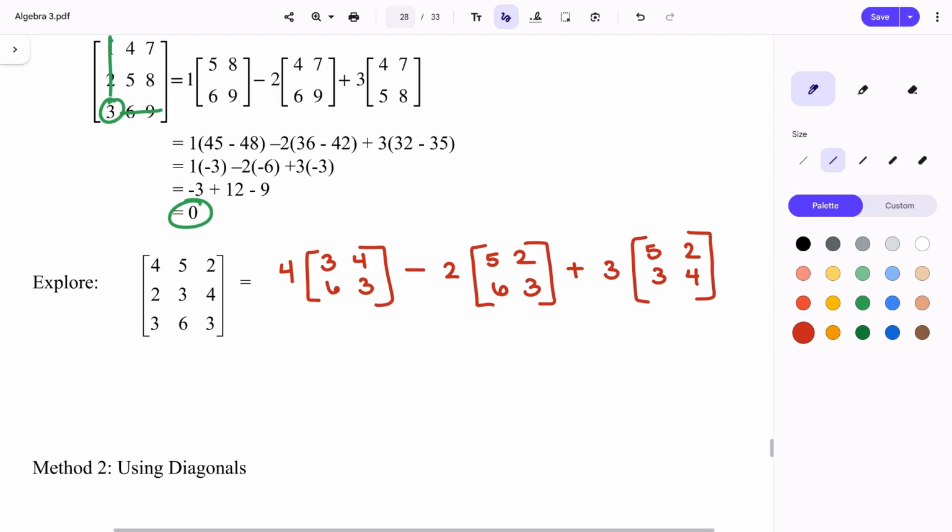Make sure you're watching your signs too, like in between the operations of the determinant. It's always a minus sign first and then a plus sign. That's just how they're always set up.